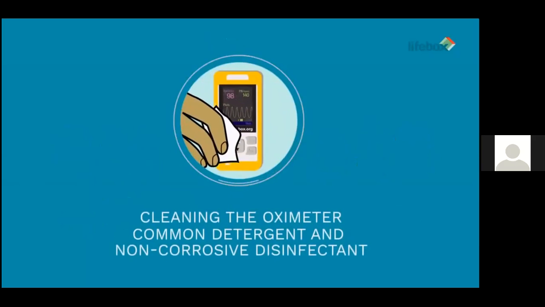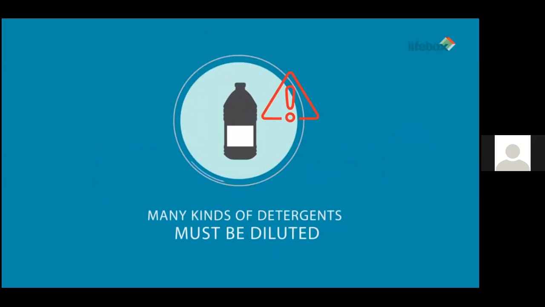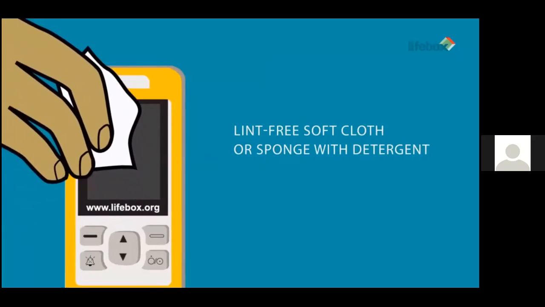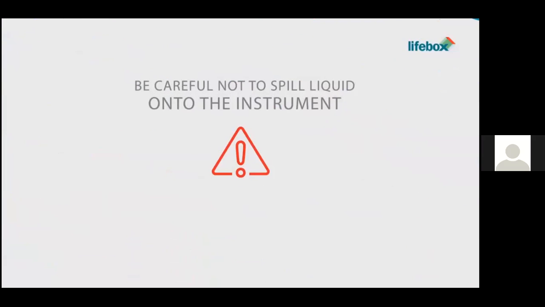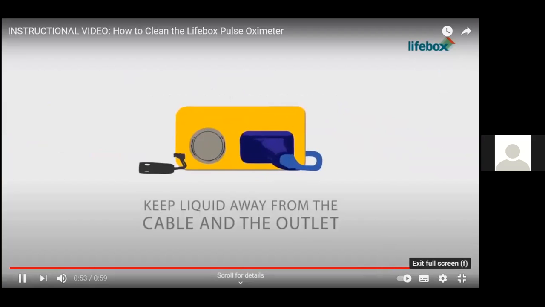The oximeter should be wiped down regularly, using common detergent and non-corrosive disinfectant, such as those used in hospitals. Be aware that many kinds of detergents must be diluted prior to use. The oximeter case and screen can be wiped with a lint-free soft cloth or a sponge moistened in detergent. While cleaning the oximeter, be careful not to spill liquid onto the instrument, and do not allow any liquid to spill inside the oximeter. When wiping the side panel, be especially careful to keep liquid away from the cable and the outlet.